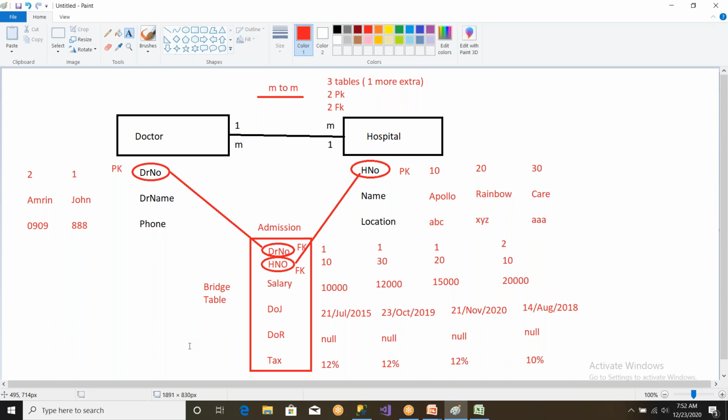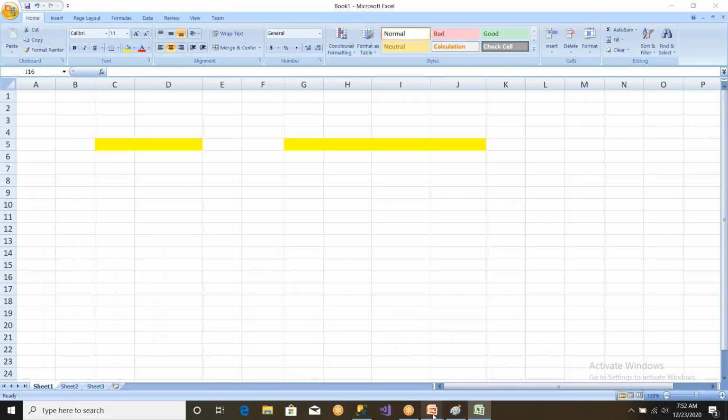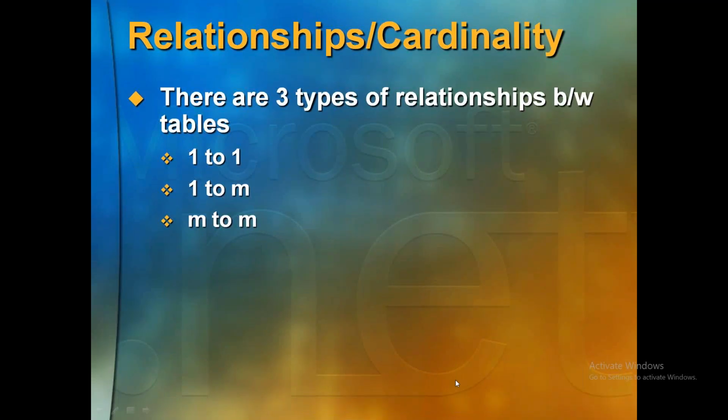So for many to many, people would compulsorily ask you, how do you resolve many to many designing issues? You must say by creating an extra table called a bridge table. By creating an extra table called a bridge table, we can resolve many to many issues. Clear? So this is what relationship is, and it's very, very important.